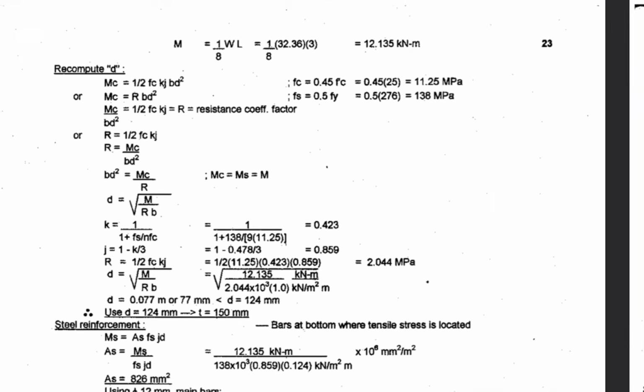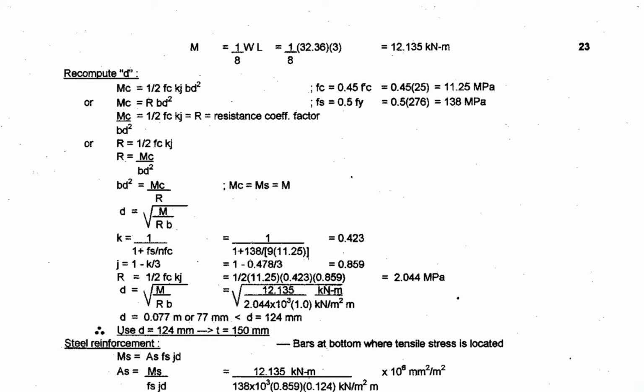Okay, so to solve for the moment, you have here the moment for the simply supported slab. Okay, considering this is the moment 1/8 WL, or if you have small w, that is wL squared over 8.